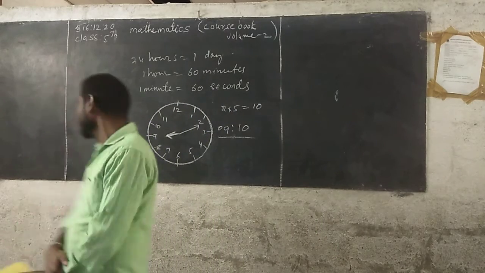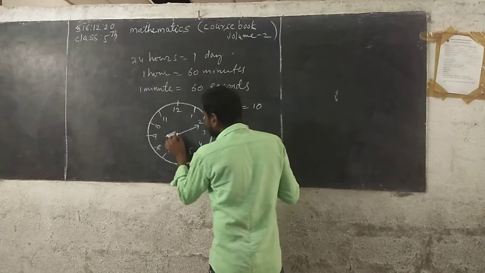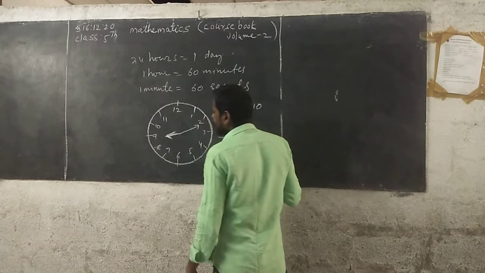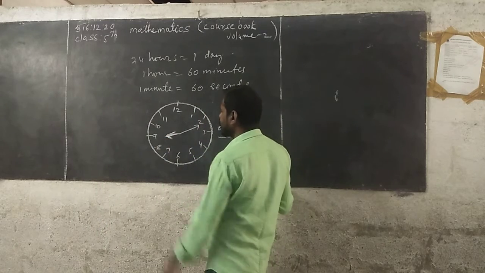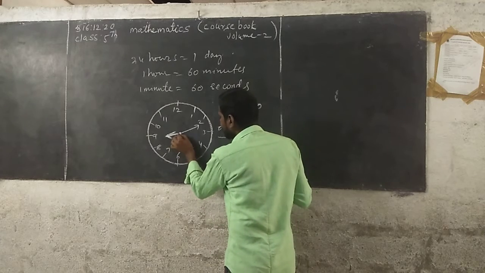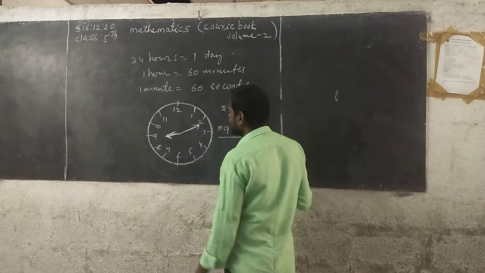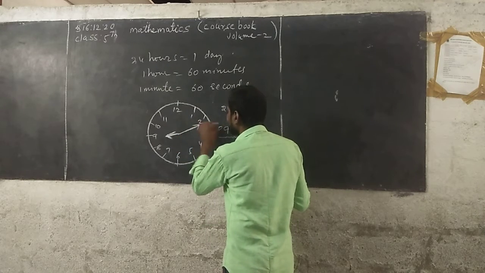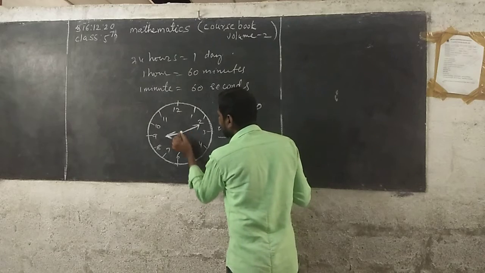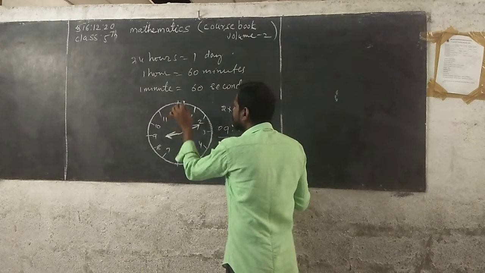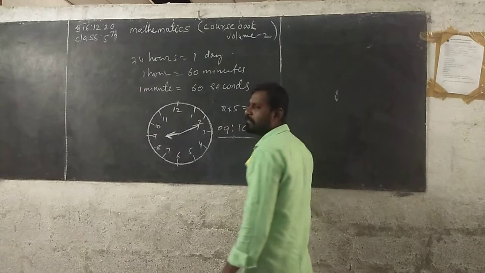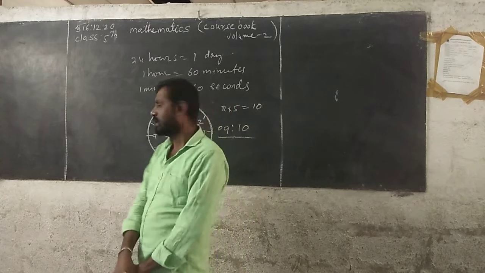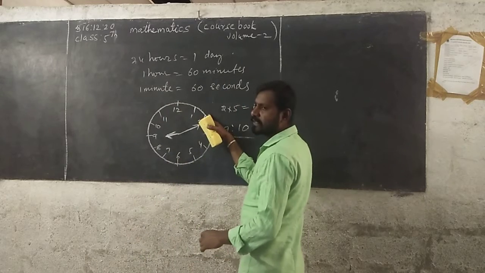Did you understand? The hours hand represents number 9 on the clock, and the minutes hand represents number 2. From number 12 to the next number, we complete 5 minutes, and at number 2, 10 minutes.